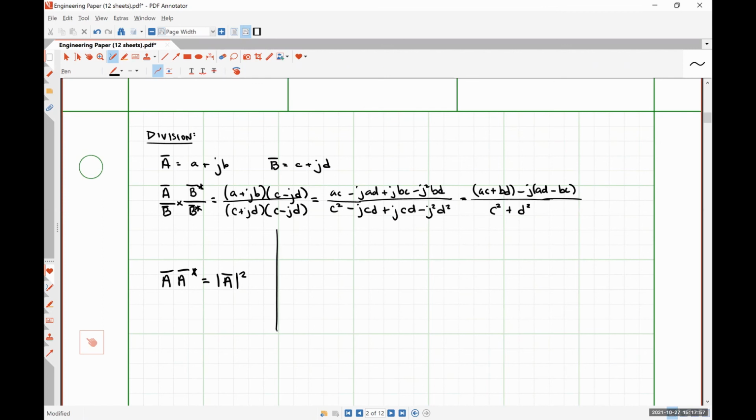we will do it using exponential or polar form complex numbers, where if we have a is equal, sorry, not a, the magnitude, my apologies.